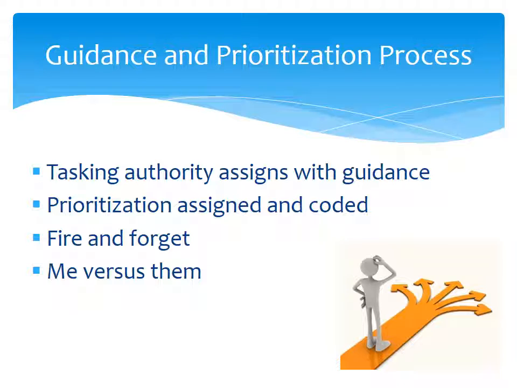And don't scream and yell when it's late, because maybe it's something you did on your end, or maybe there's some other mitigating factors, such as key people might be on vacation, not in the office to answer the task. So, guidance, prioritization are very critical, but also understanding what is going on with the people answering the task is important.